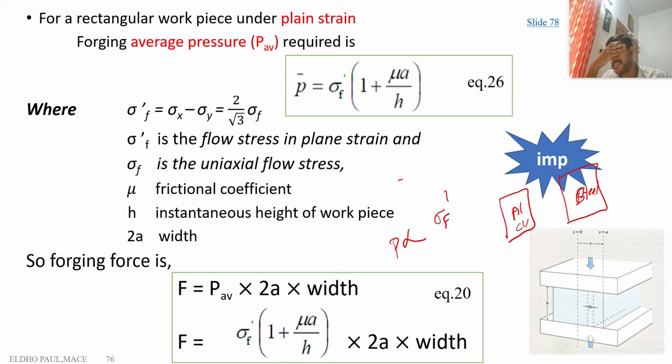Which one can be easily formed or forged? Compare the flow stress of the material. The flow stress of aluminum in plane strain condition is very low compared to that of steel. So aluminum needs only low pressure for the deformation.